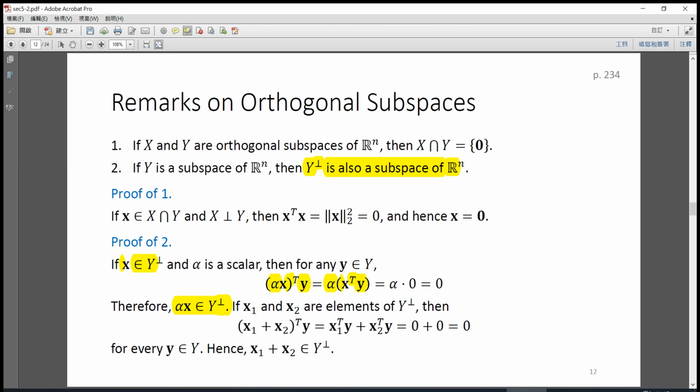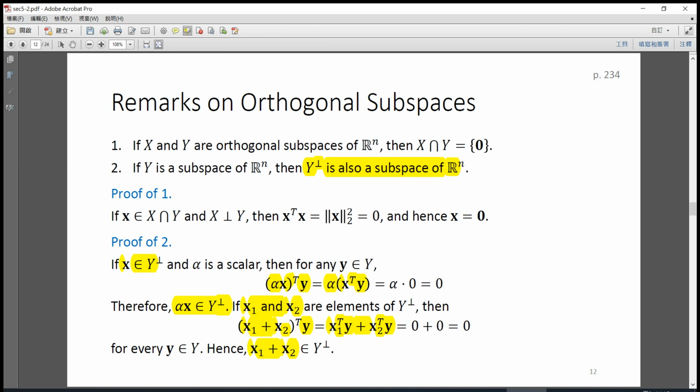Next, we want to show if x1 and x2 are in Y perp, then x1 plus x2 is also in Y perp. Then we compute the scalar product of x1 plus x2 and y, which equals x1 transpose y plus x2 transpose y.